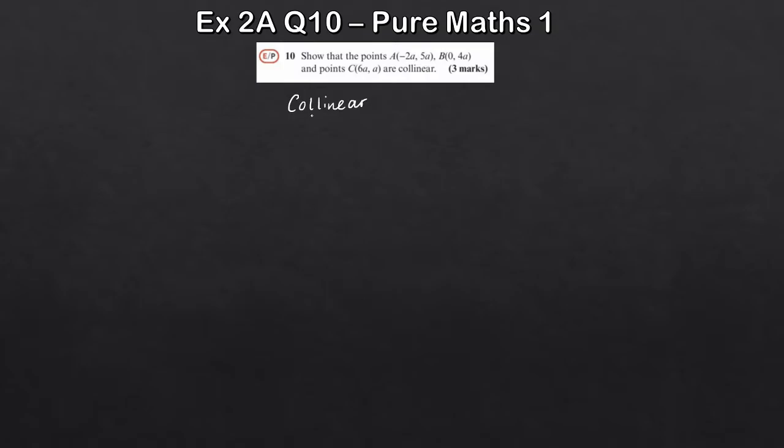So because of this, and the fact that it's linear, what we'd hope to find for collinear is that the points are all on the same line. All the points should lie on the same line. Okay, so that's the key idea with this question.